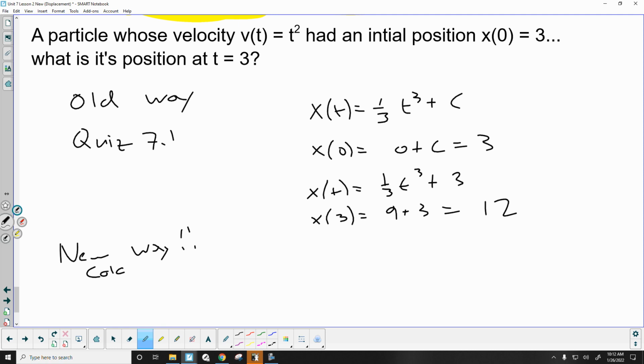If I know a position, and I know that my calculator can find the area under a velocity quickly, could you get that answer 12 a different way?